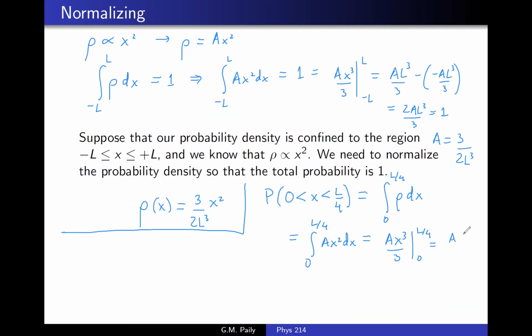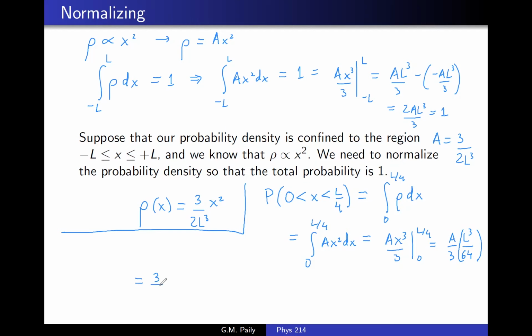So this is going to be a over 3 times L cubed over 4 cubed, which is 64. And now I can plug in for a.